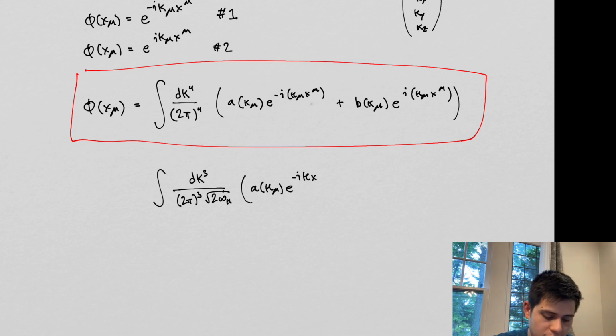Now we're assuming that we're just summing over the spatial components, okay? Plus a dagger, where a dagger and b are sort of synonymous with one another.